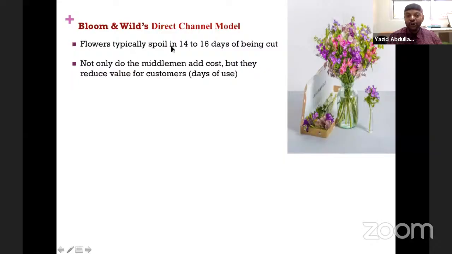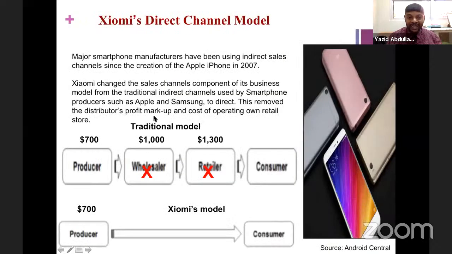Flowers typically spoil in 14 to 16 days. If you don't sell them within 14 to 16 days, they spoil. And if you add middlemen, they will also add to your cost. So that's another problem if you use middlemen.